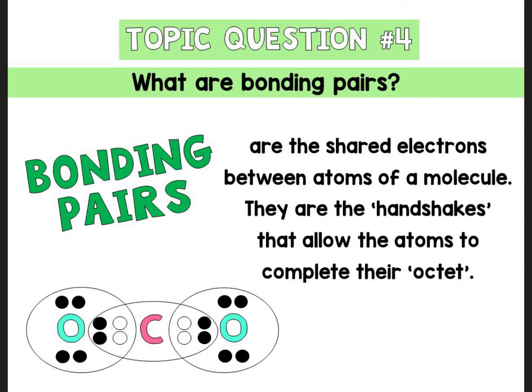Let's consider carbon dioxide. So, if you try to pair up carbon and oxygen, you'll see that carbon has 4 valence electrons and oxygen has 6. Well, carbon wants 8 electrons, so in order to do that, it needs to put out all 4 of its unpaired electrons and try to make deals.